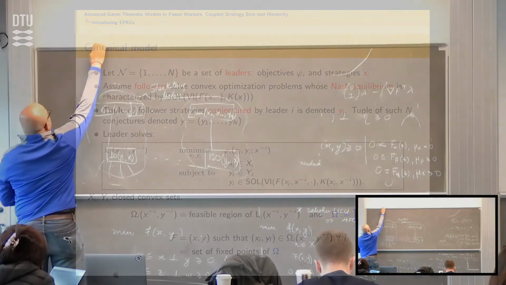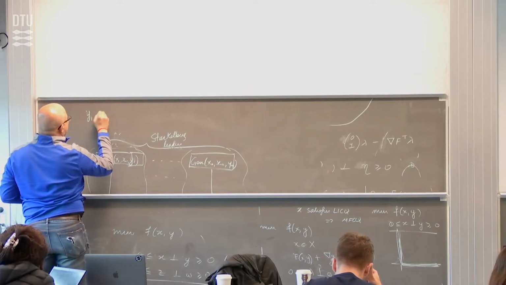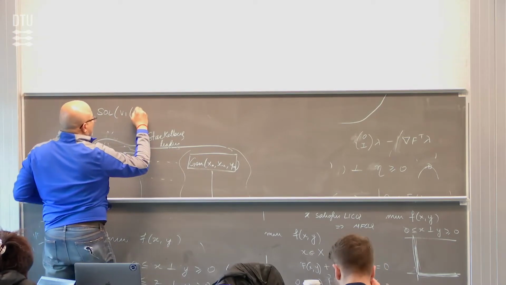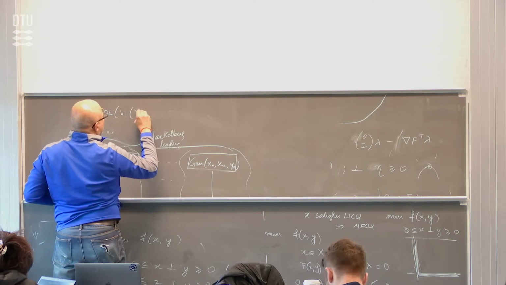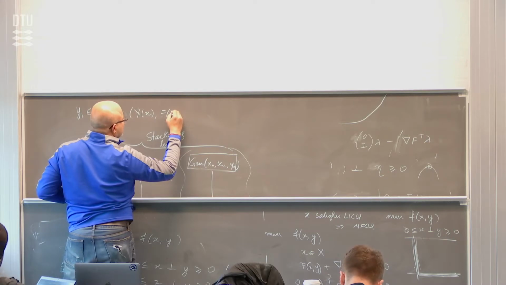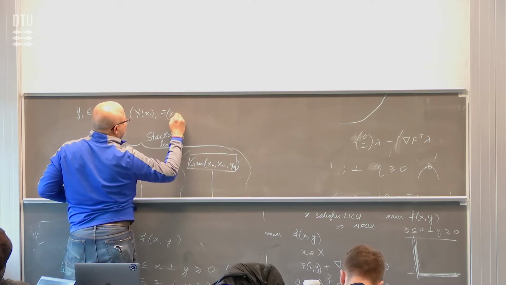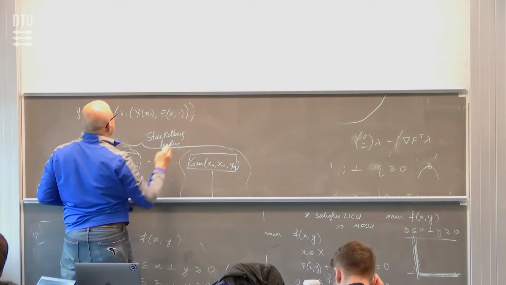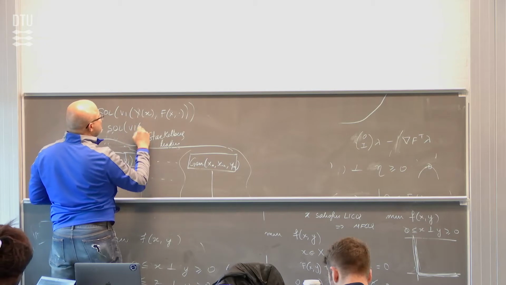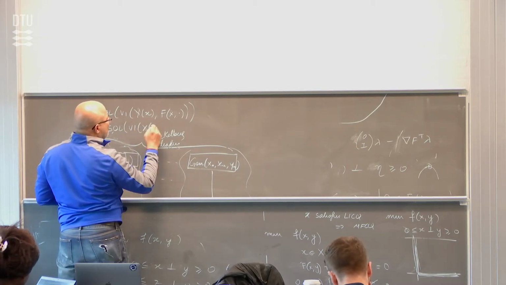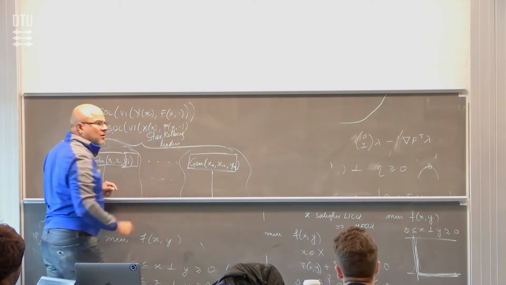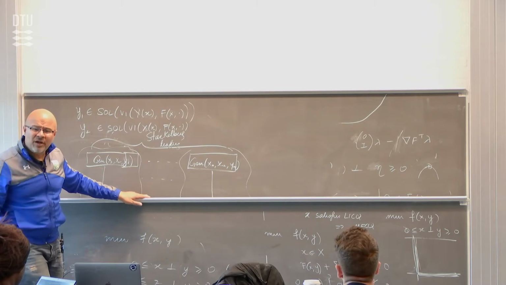At equilibrium, Christy's follower is solving y1 in the solution set of the VI of y and F of x, and mine is the same thing but it's y2. Now if this is strongly monotone and it's a unique solution, then y1 has to be y2, otherwise y1 need not be equal to y2.